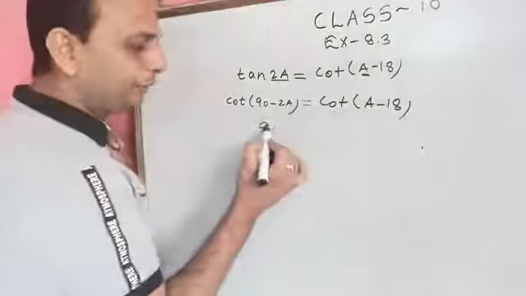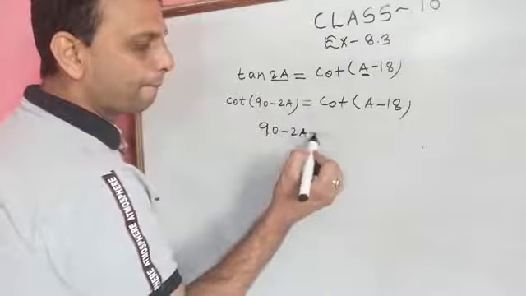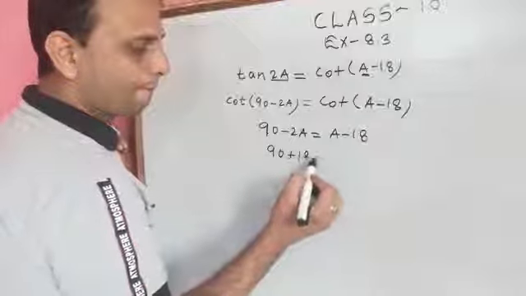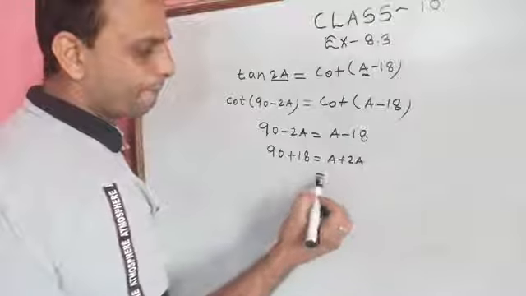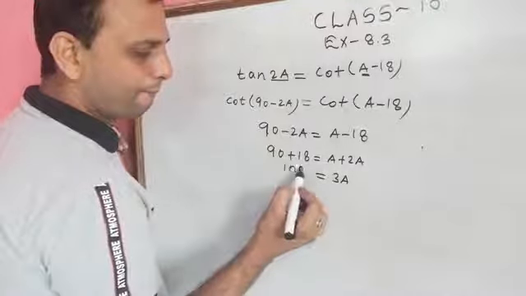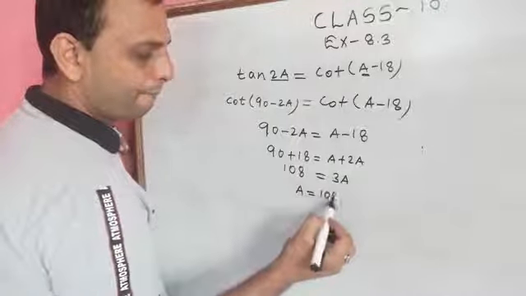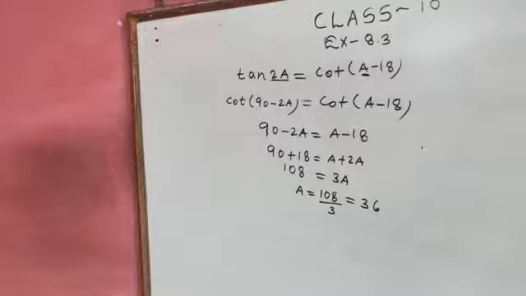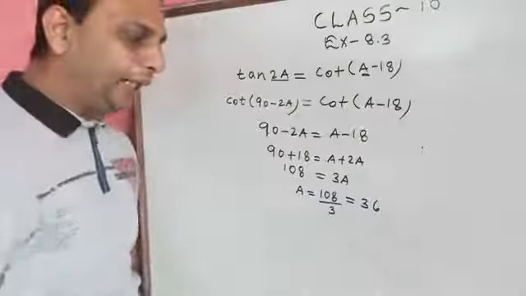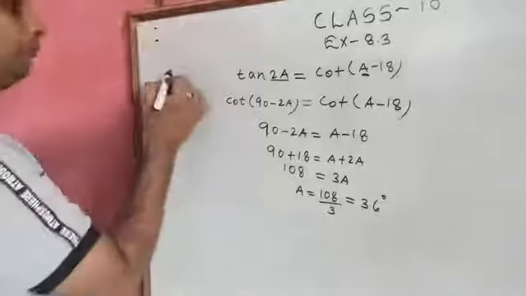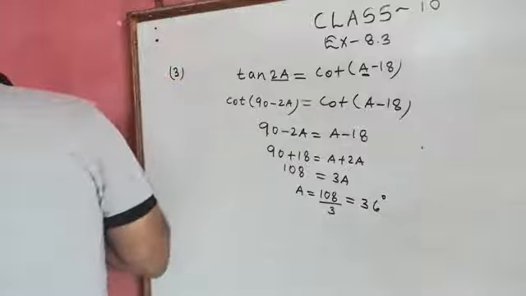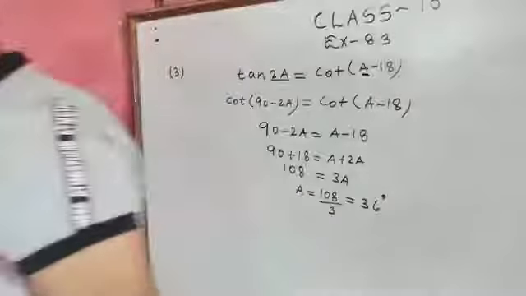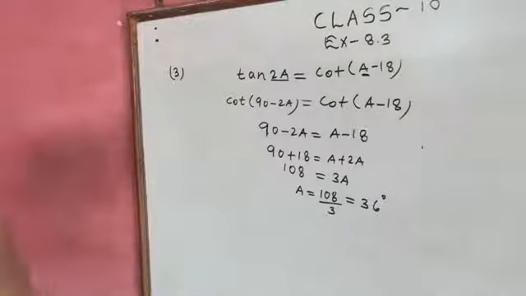We get 90 minus 2A equals A minus 18. This is the answer for the value of the angle A. So question number 3 of exercise 8.3 is completed. Now we can solve the question number 4 also.